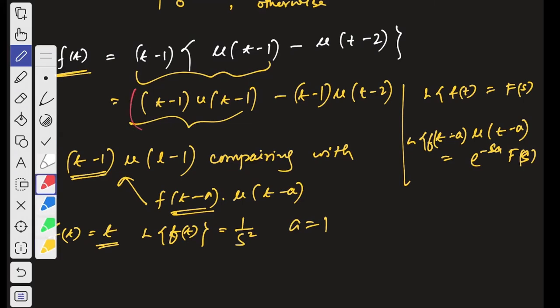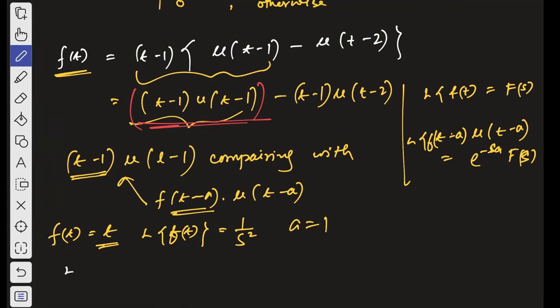In that case, the Laplace transformation of this part only, let me show you, the Laplace transformation of t minus 1 into u of t minus 1, by the second shifting theorem, you should get e to the power minus sa.